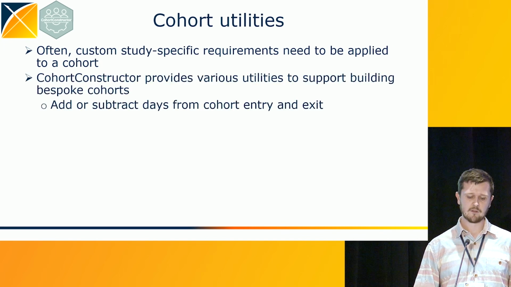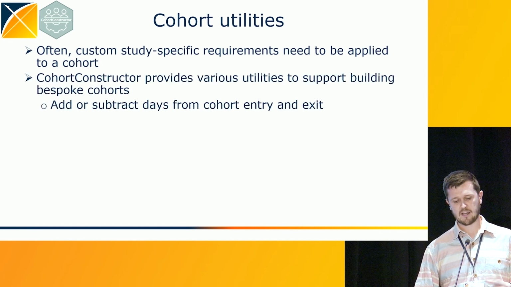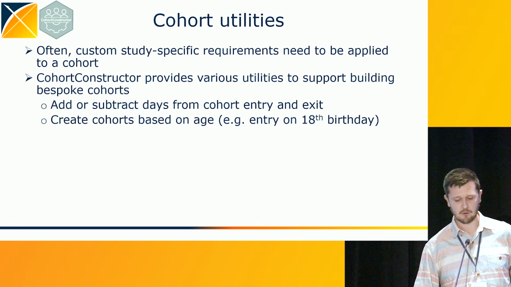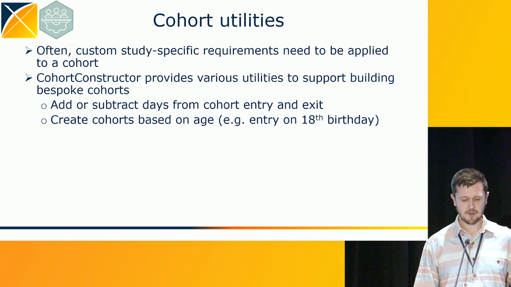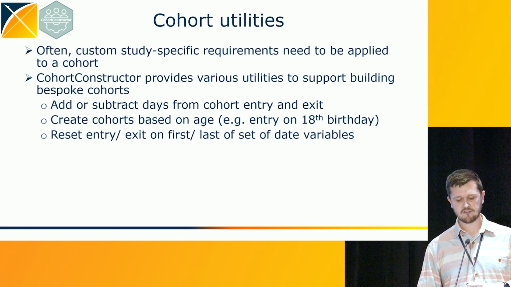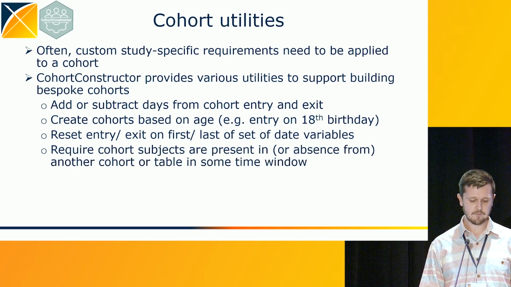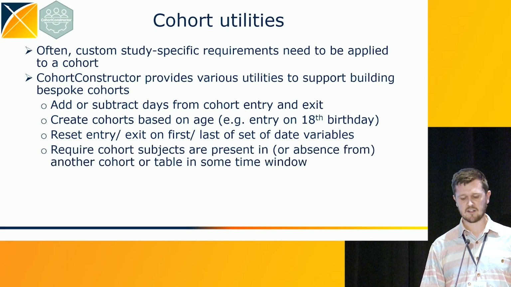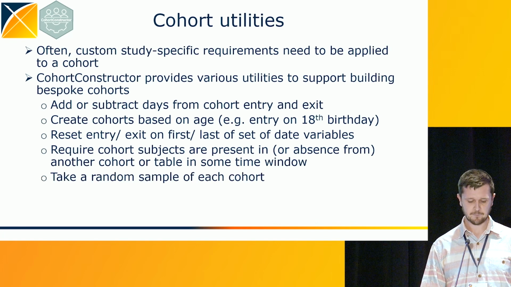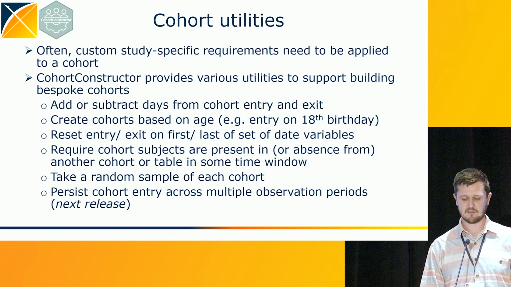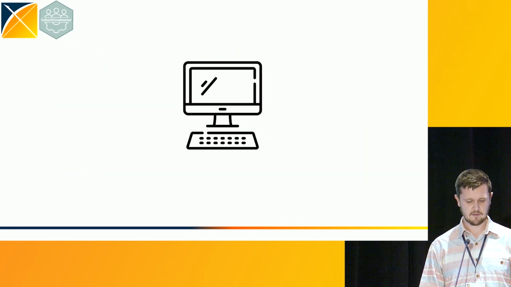These functions include adding or subtracting days to cohort entry and exit, creating cohorts based on age, for example, creating a cohort of people that enter on their 18th birthday, resetting entry and exit to the cohort based on some external date variables you might have, requiring subjects are present in or absent from another cohort or a table in the OMOP CDM in some time window, taking random samples of cohorts, and also persisting cohort entry across multiple observation periods, and that'll be in the next release.